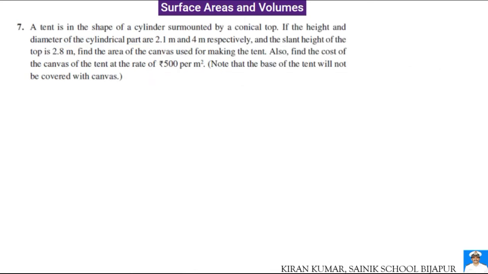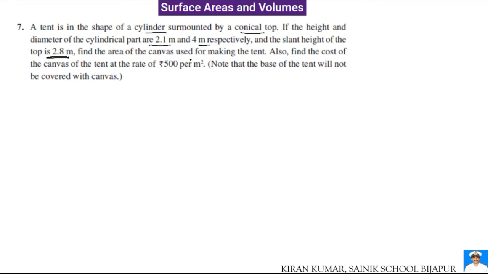Question 7. A tent is in the shape of a cylinder surmounted by a conical top. The height of the cylinder is 2.1 meter and 4 meter is the diameter, and the slant height of the conical top is 2.8 meter.